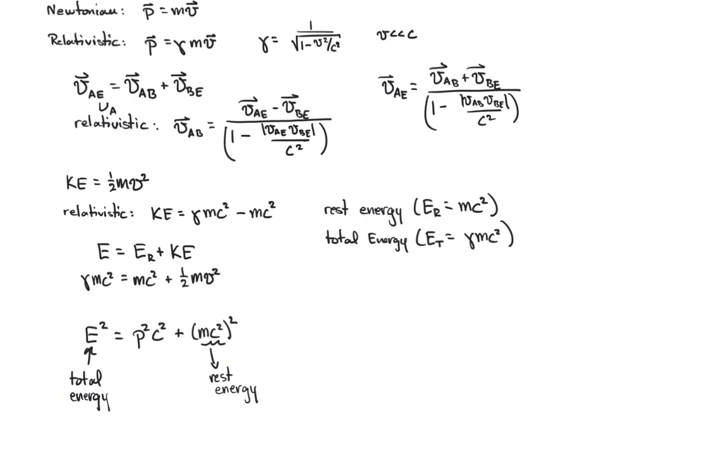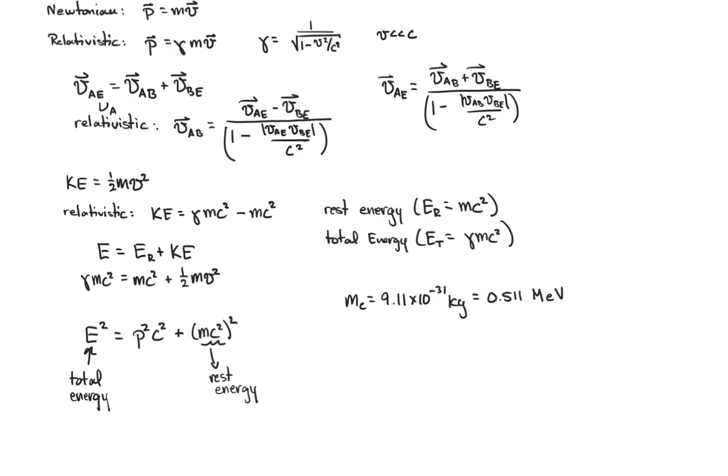So the mass of an electron, which we know is 9.11 times 10 to the minus 31 kilograms, is equal to 0.511 mega electron volts, or 0.511 times 10 to the 6th electron volts.